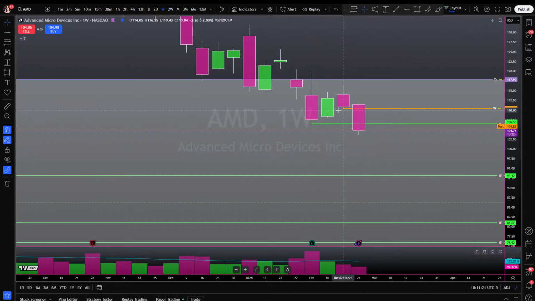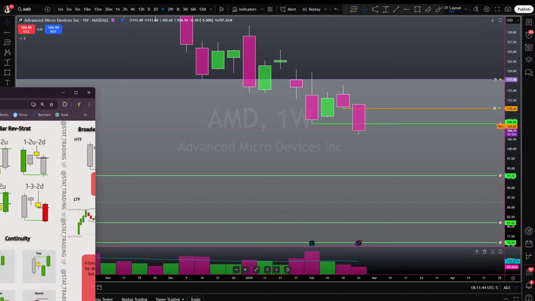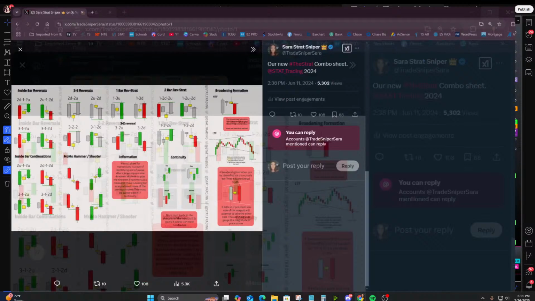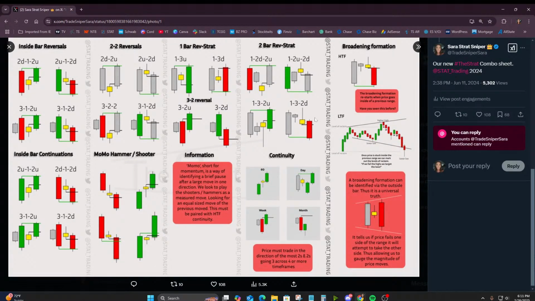And if you don't know what I'm talking about, if you go on my pinned post on Twitter, you can get the strat combo sheet. Actually, here, hold on. And it looks like this.